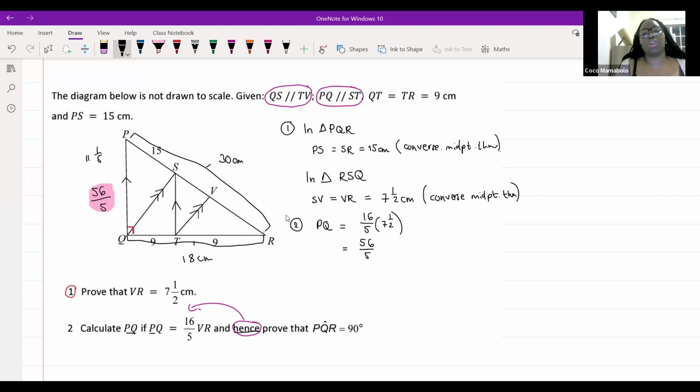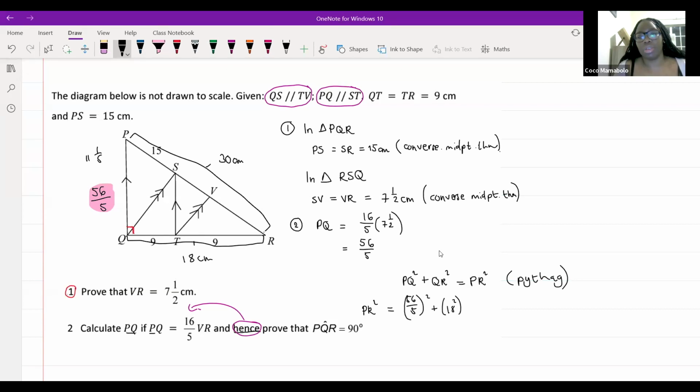And now we need to prove that this side squared plus that side squared is equal to 30 squared. So let's do the work. PQ squared plus QR squared is equal to PR squared. And we must give a reason, I think. Now PQ is 56 over 5 all squared plus 18 all squared, and that must give us PR all squared.